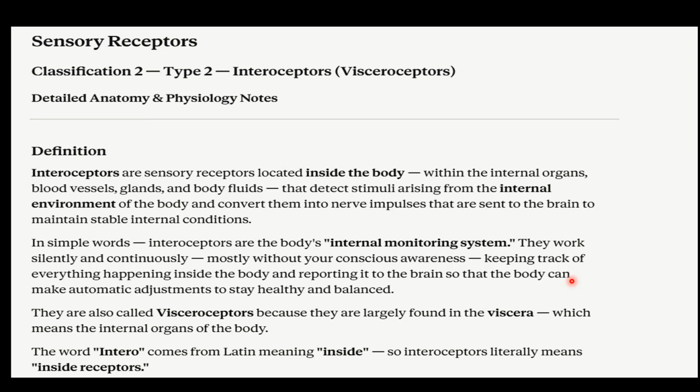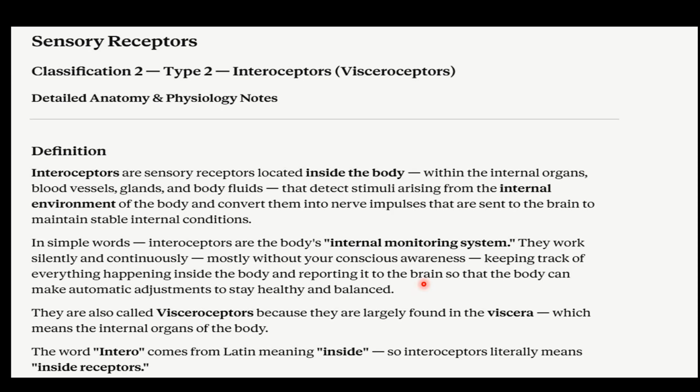Interoceptors are the sensory receptors that keep tracking everything happening inside the body and report it timely to the brain, so that the body can make automatic adjustments to stay healthy and balanced. That's the overall process of this sensory receptor, interoceptors.